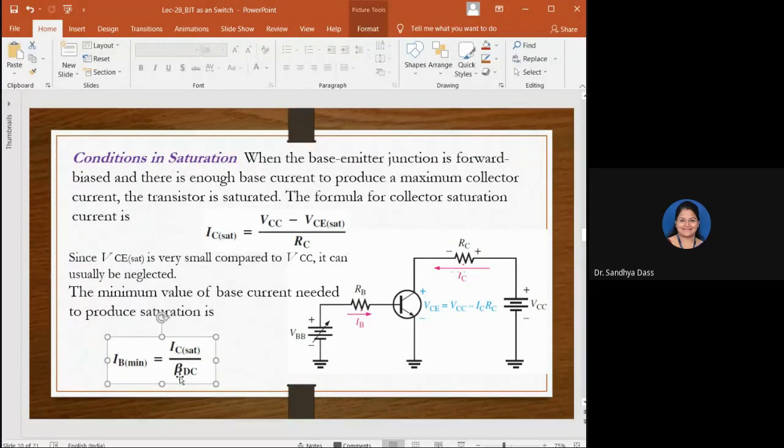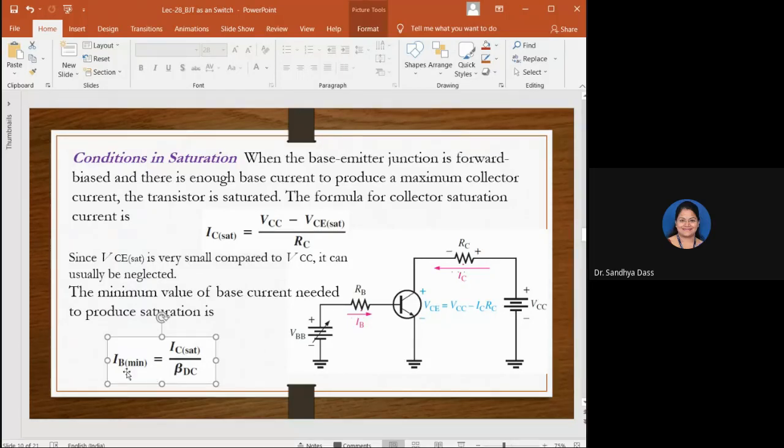To find that, we use the expression for IB minimum, the minimum base current required at the input to get a saturated collector current in the saturation region of the BJT. IB minimum is equal to IC sat by beta DC. All these are important expressions. Please note down.